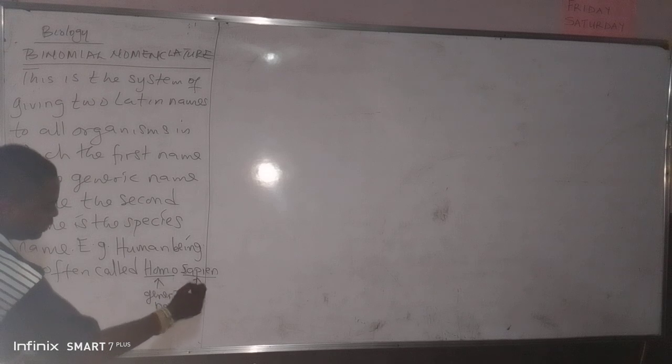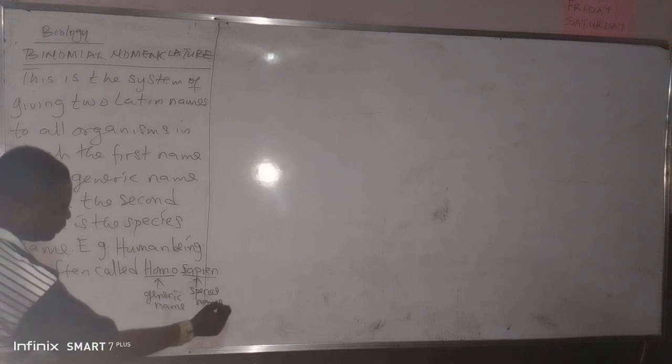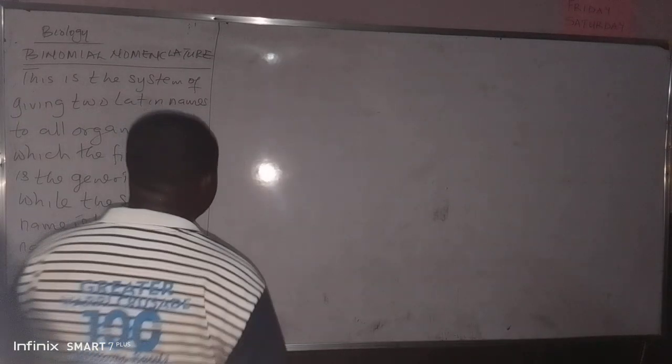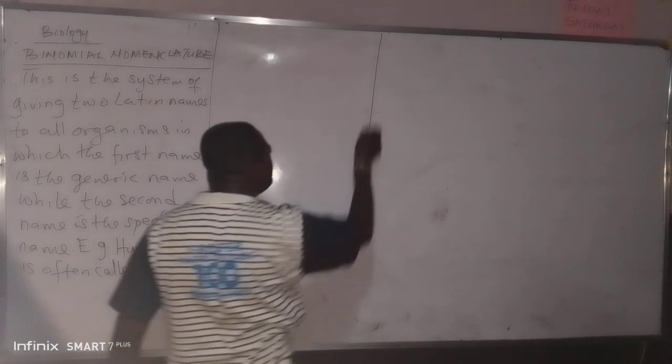The Homo is the generic name, while the sapien is the species name. So the system of giving two Latin names to all organisms, in which the first name is the generic name and the second one is the species name, is called binomial nomenclature.